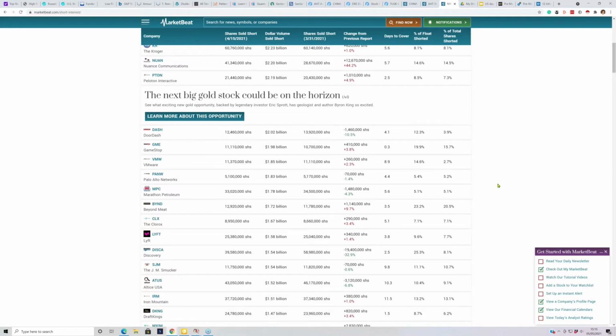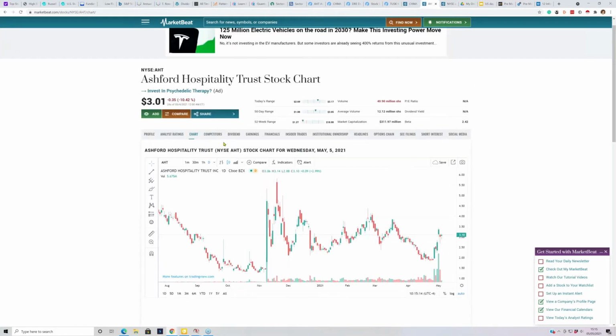You could put one of these into FinViz, see where they are, look at the sector, look at the metrics, and go into the individual stocks, as we have here, and see how many days it would take to cover the short. That might give you an opportunity, when the shorts are going to get squeezed, to take a trade to the upside.